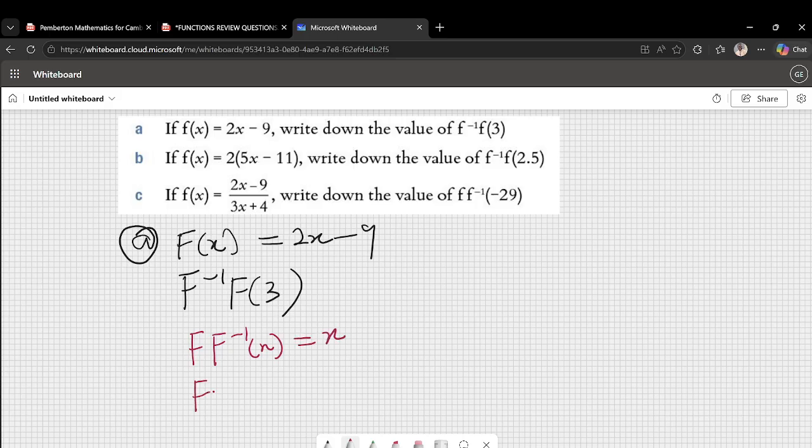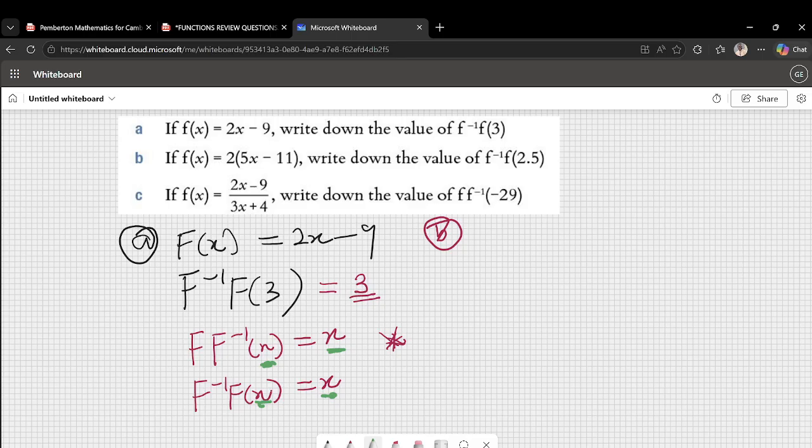Or if you have f inverse of f of x, your answer is equal to x. Because for the first one, the inverse is undoing what the function has done, while for the second one the function is undoing what the inverse has done. So for this particular question, the answer is just going to be 3. The same thing for the B part, because we have x here and we also have x here. So the answer is just x.